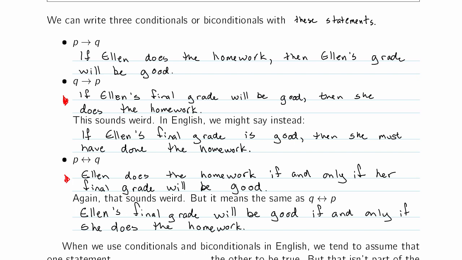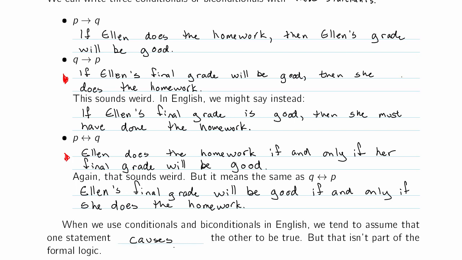We feel like there's some sort of causal relationship, and it runs in that direction. It's not that she's getting a good grade and therefore she does the homework. She does the homework, and that causes her grade to be good. That's our intuitive sense of these if-then statements in English. We think that one statement is causing the other.